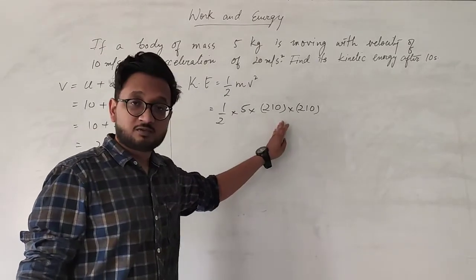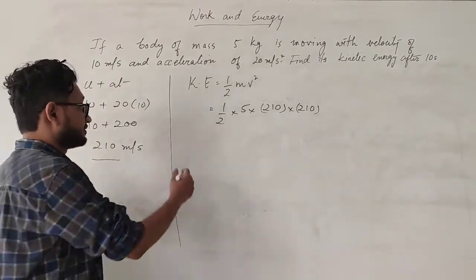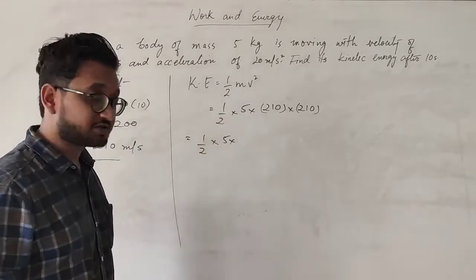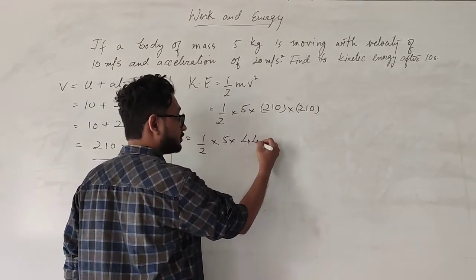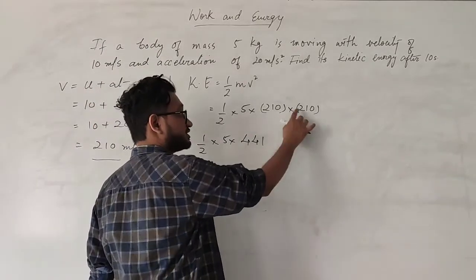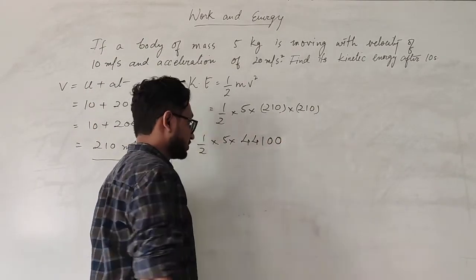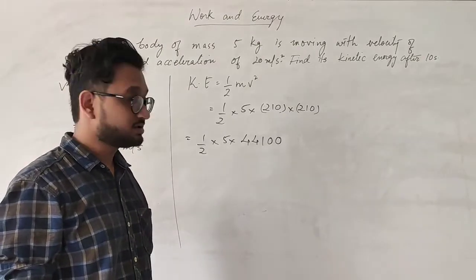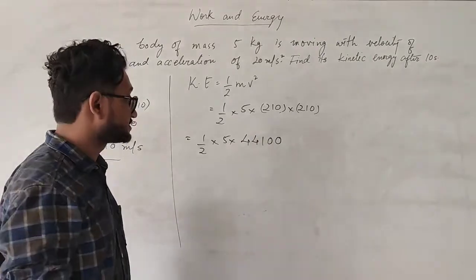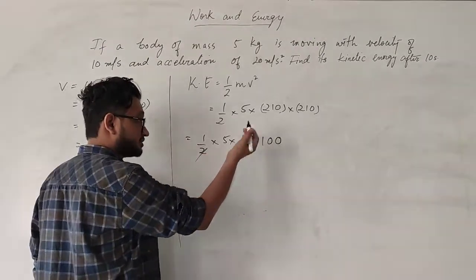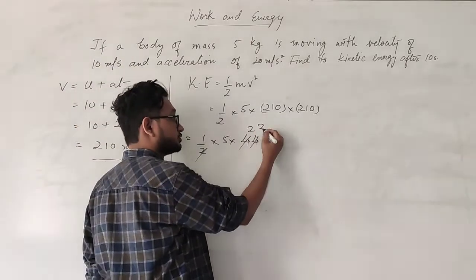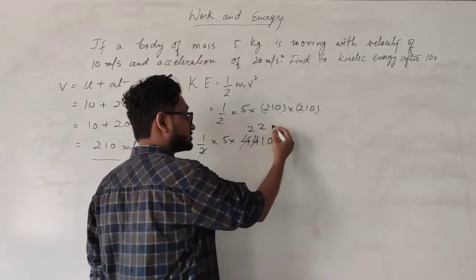Now if you do this multiplication, you get half into 5, 210 into 210, it is 441. 21 square is 441. But you have two zeros as well, so you write two zeros over here. Now you can either cut this or you can directly multiply 5 with it. It's your choice. I am cutting it, so it becomes 2 2s 4. Again, 2 2s 4. 1 is not going to cut, so I write 0.